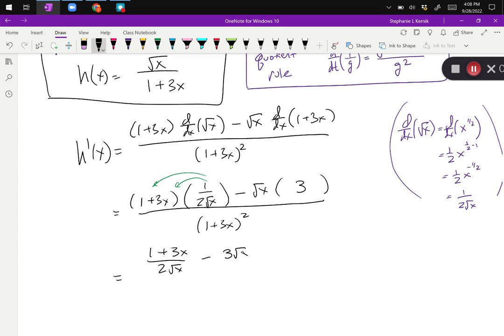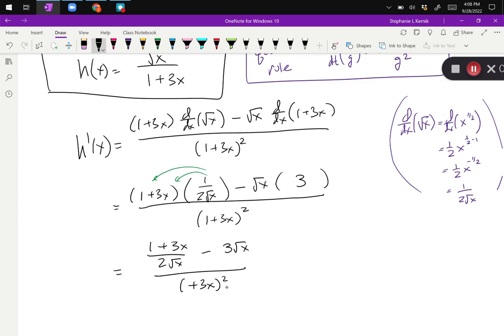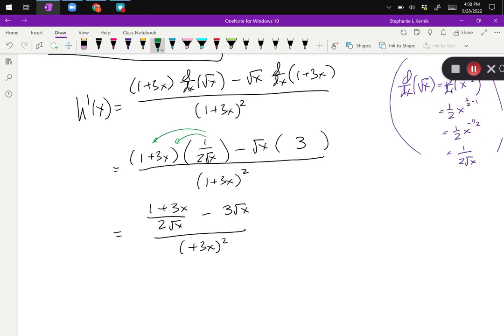And I'll rearrange the order. I'll write minus the square root of x times 3 instead as 3 square root of x, just because that makes things look a little nicer. And now what I'm going to need to do is try and simplify the numerator of the fraction first. So finding common denominators means that I need the 3x to have a denominator of 2 square root of x.